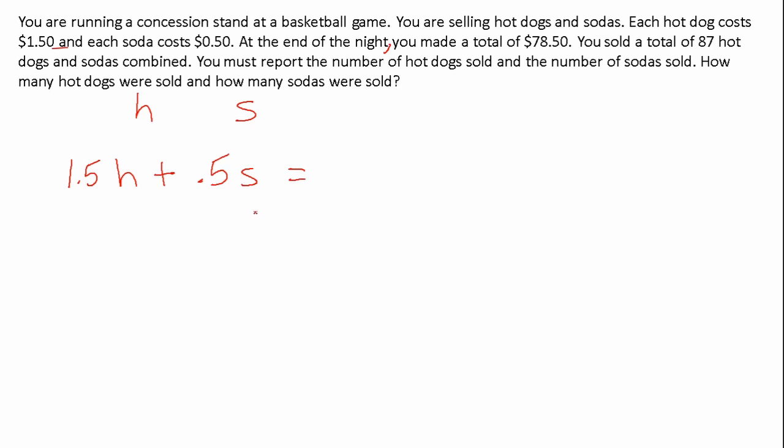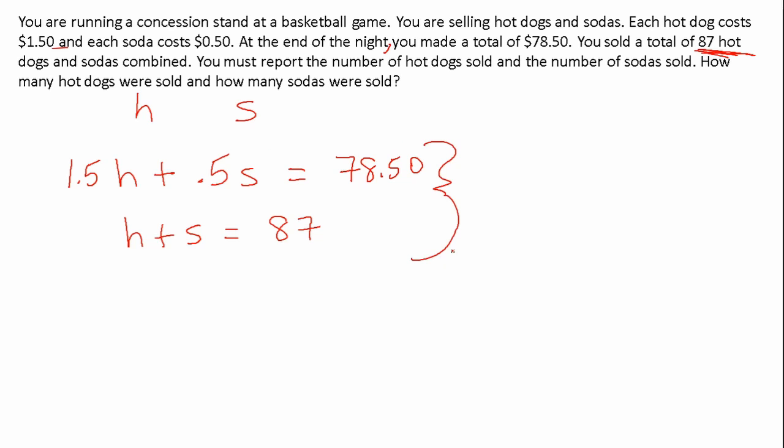We know in total we sold $78.50 worth of hot dogs and sodas. And similarly, we also know that we sold a total of 87 hot dogs and sodas combined. So H plus S equals 87.